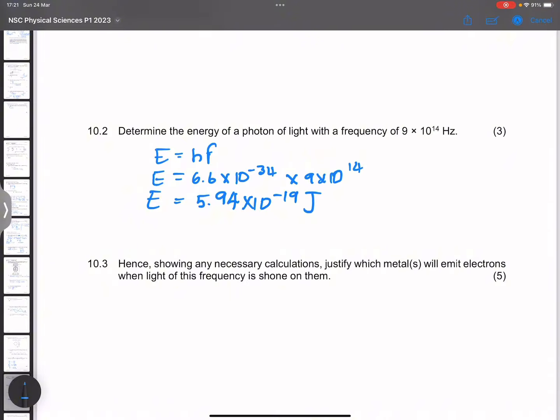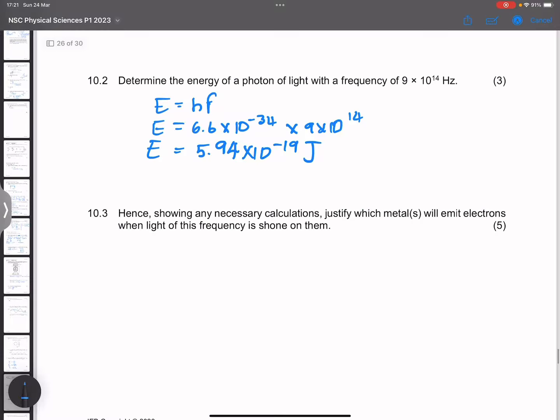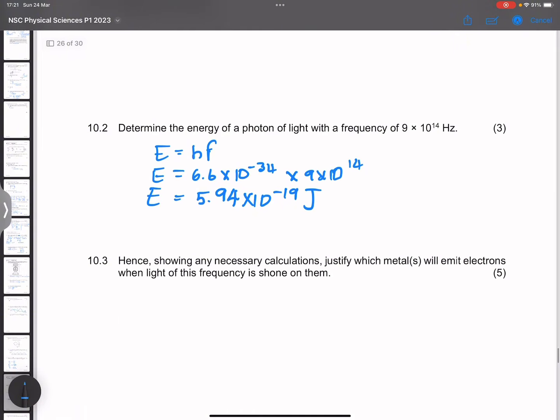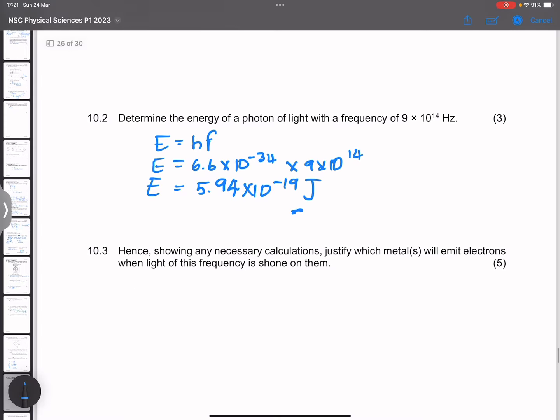Now, they say, hence showing any calculation necessary, justify which metals will emit electrons when light of this frequency is shone. What we would need to do, ladies and gents, is find out what this energy of the photon is in terms of electron volts. I'm not going to convert all of the table in terms of electron volts, but let's rather convert this one.